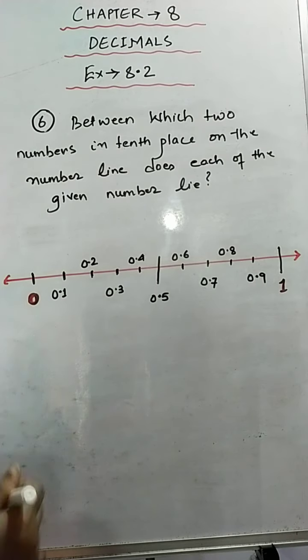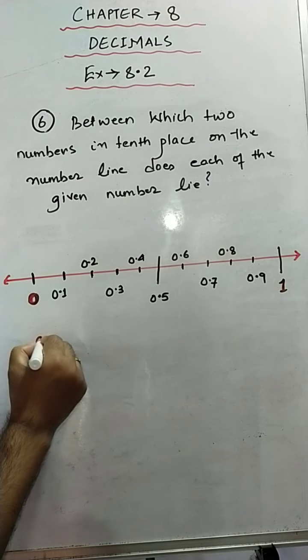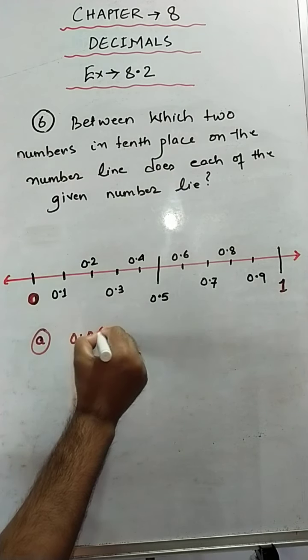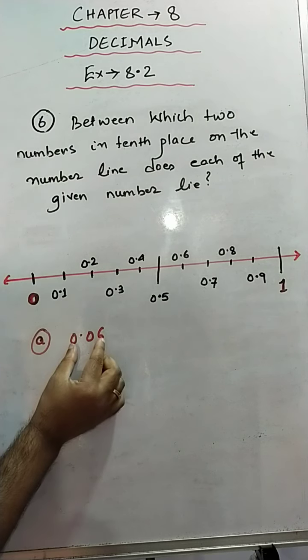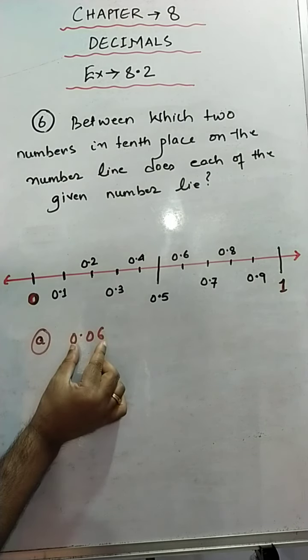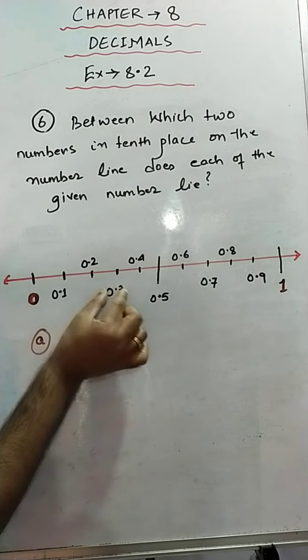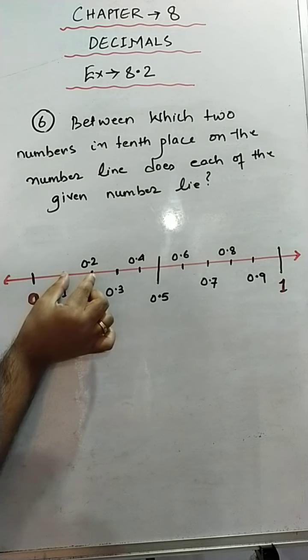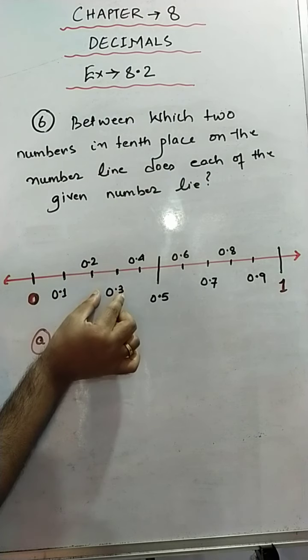Fine. So let me tell you what the first question is. That is 0.06. Now you have to say which two 10th numbers this 0.06 lies between. That means this number lies between these two numbers, or these two numbers, or 0.2 and 0.3.